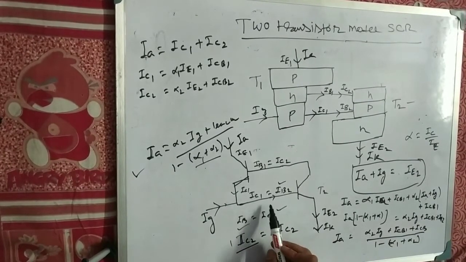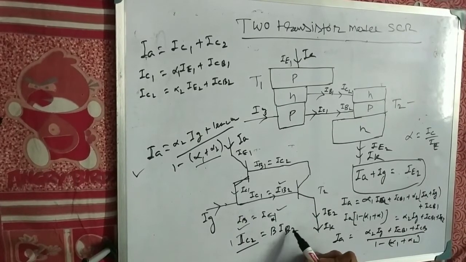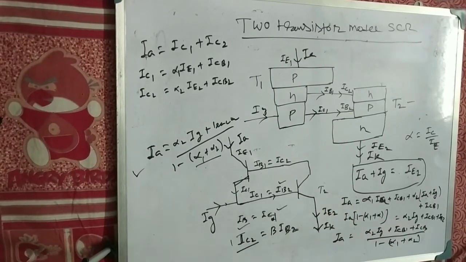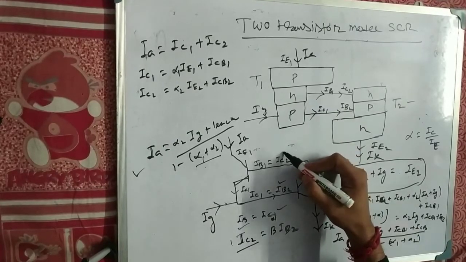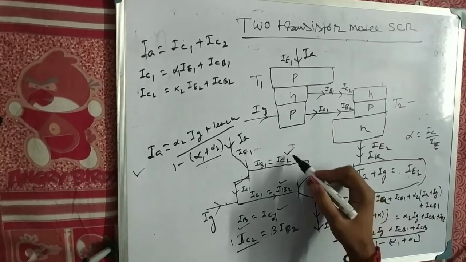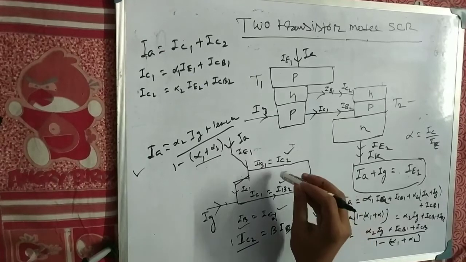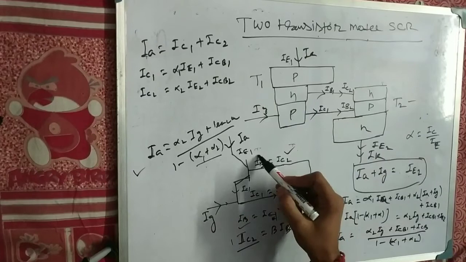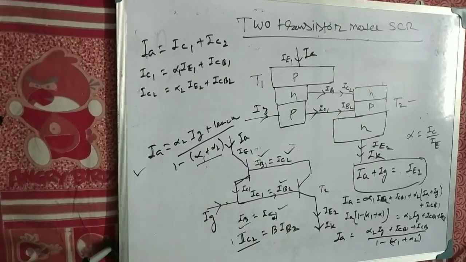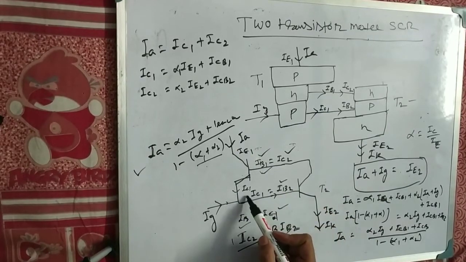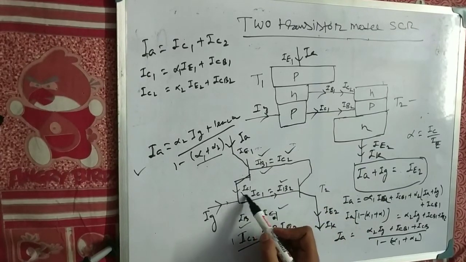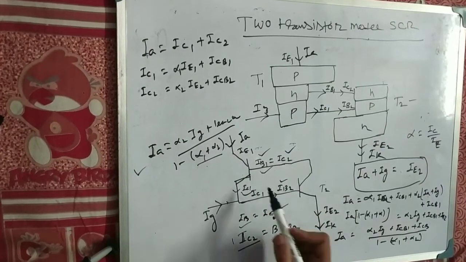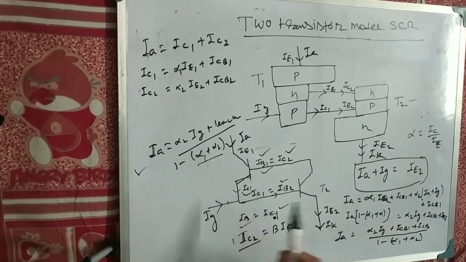So if the base current of transistor 2 is increased, then the collector current of transistor 2 also increases. Transistor 2 collector current increase means base current of transistor 1 increases, which means collector current of transistor 1 increases. Transistor 1 collector current increase means base current of transistor 2 is increasing.